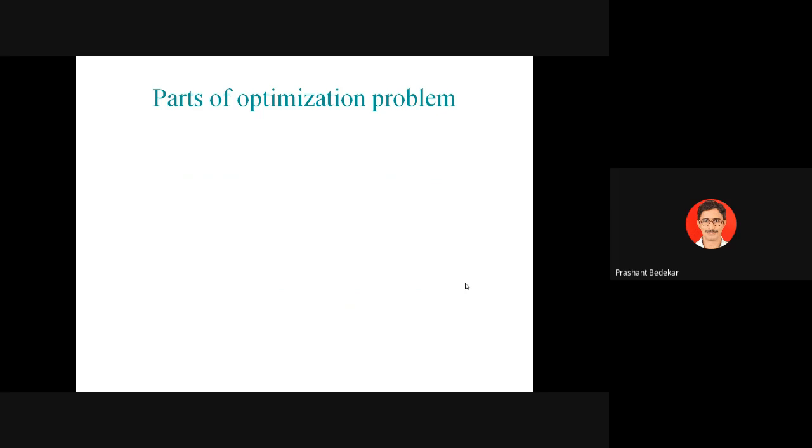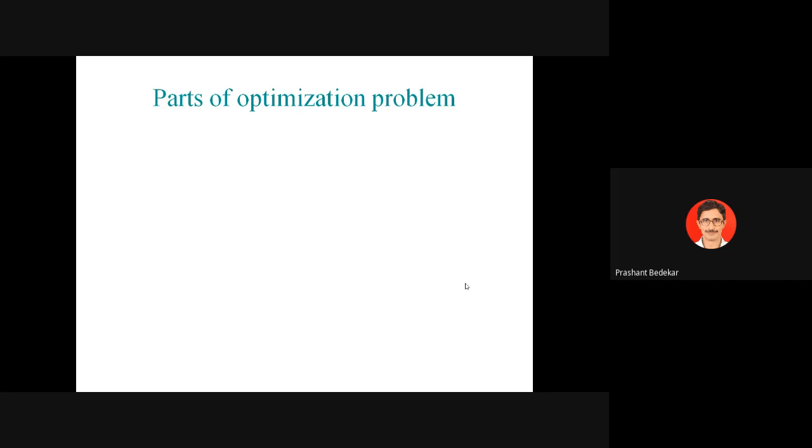Because what is most important when we think about applying optimization to our problem, may it be an MTech dissertation problem, a PhD thesis problem, or some other problem, if we want to solve it systematically, we have to formulate the problem properly.